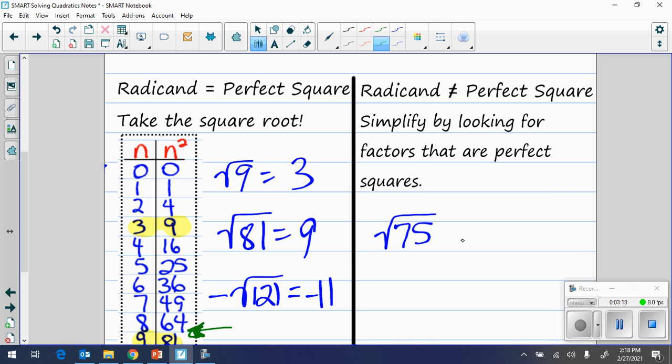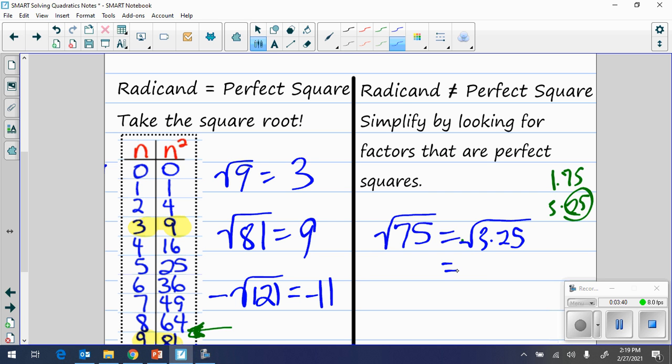So what I'm going to do is think about what multiplies to 75. 1 and 75, no, 2 doesn't go, 3 and 25. Oh, wait, 25 is a perfect square. So I rewrite it as the square root of 3 times 25, because that's what 75 equals.